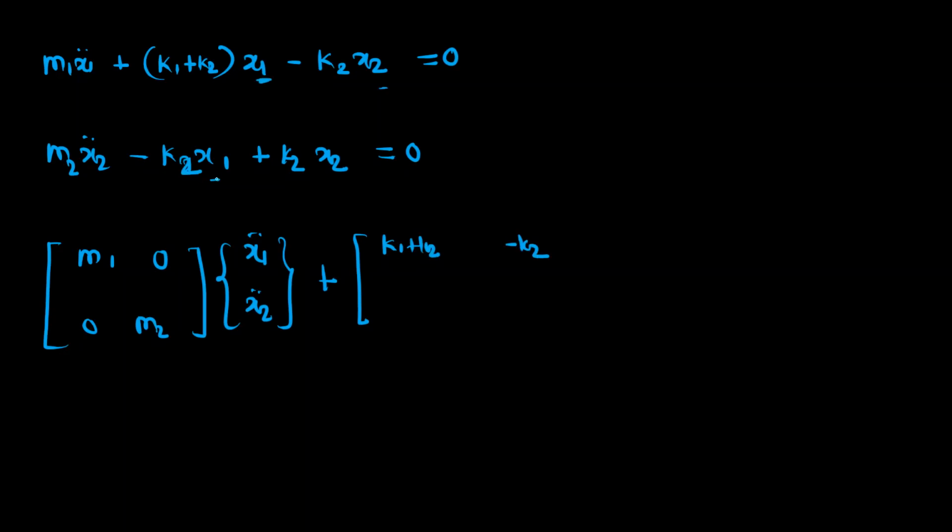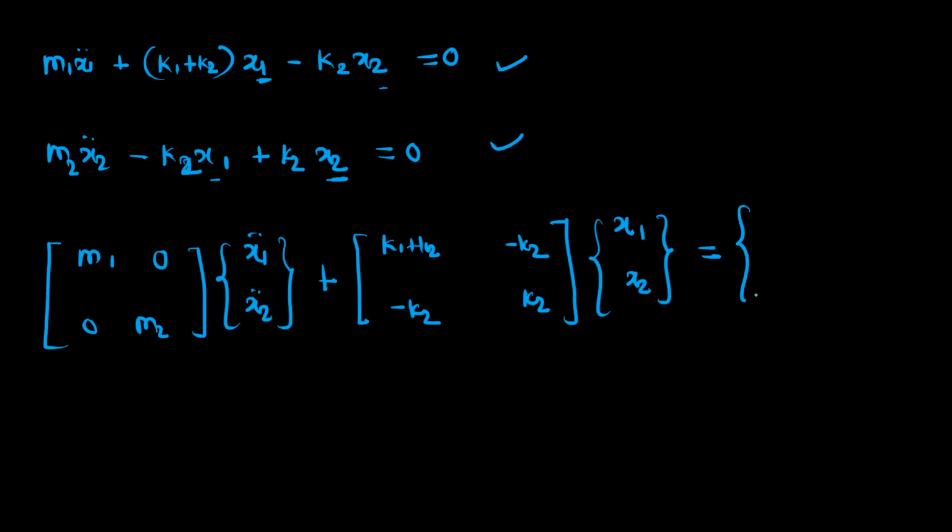From the second equation, for x1 it is minus k2, and k2 is the coefficient of x2. So this is x1 and x2. In mathematics you must have converted such algebraic equations into matrix form. And on the right hand side it's 0.